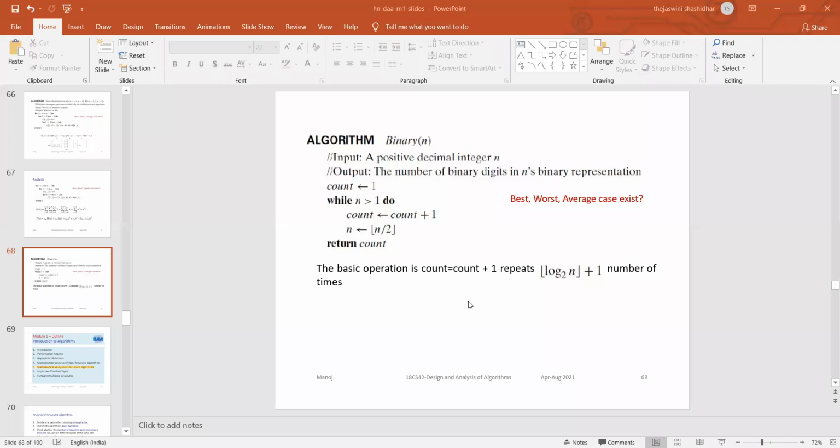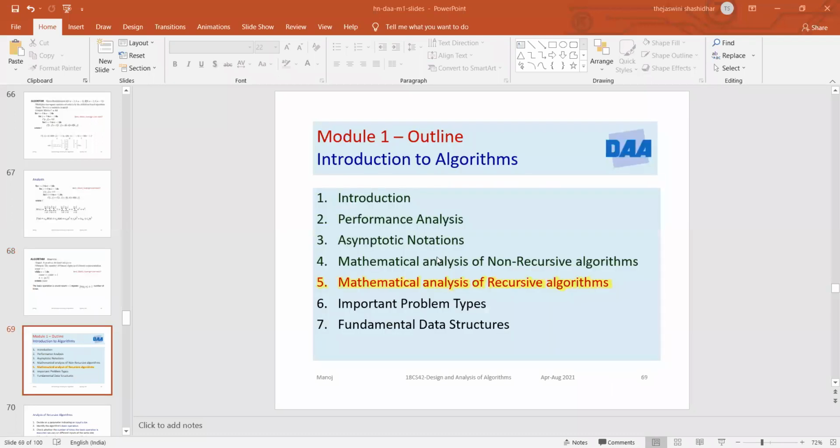Okay, so that is up to non-recursive algorithms. We have studied the mathematical analysis of non-recursive algorithms. Now you come to the fifth topic, mathematical analysis of recursive algorithms. Which are the recursive algorithms? Can you name some?